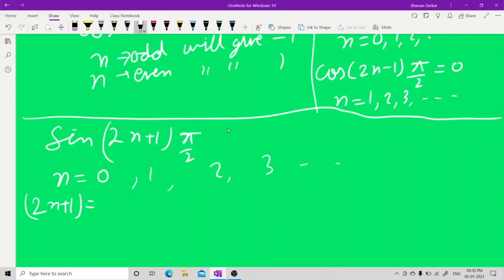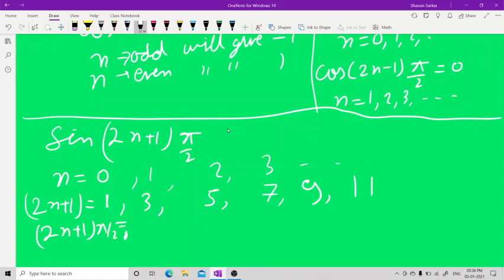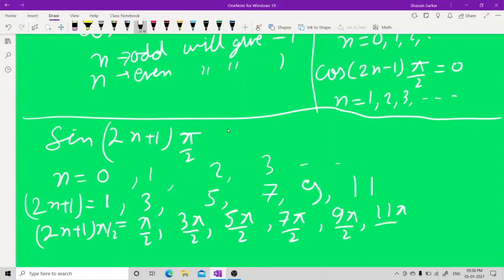2n plus 1 first you will get as 1, then 3, then 5, 7, 9, 11, all odds. At 2n plus 1 pi by 2, you will get pi by 2, comma 3 pi by 2, comma 5 pi by 2, comma 7 pi by 2, comma 9 pi by 2, comma 11 pi by 2.